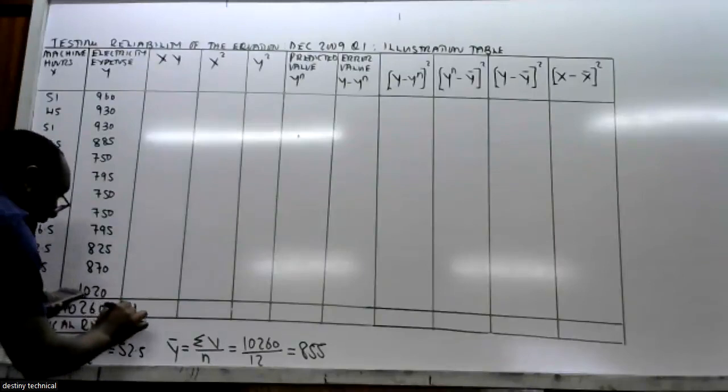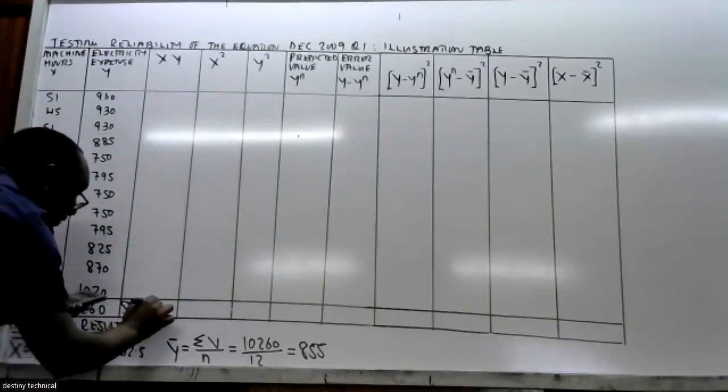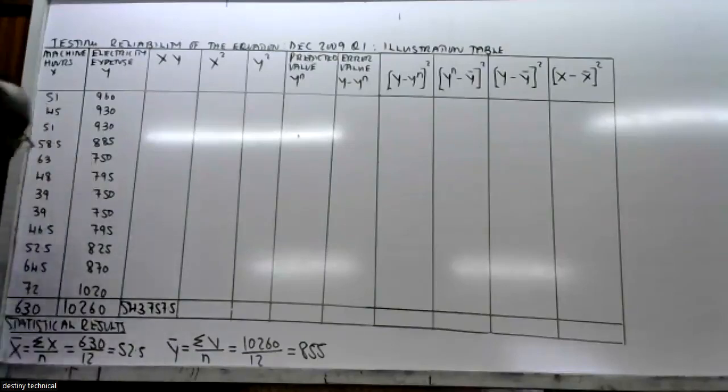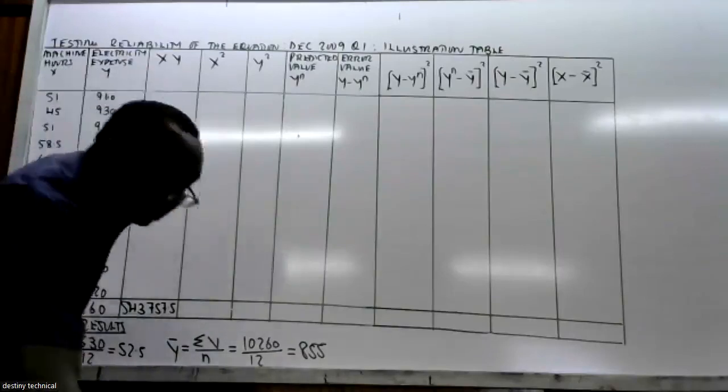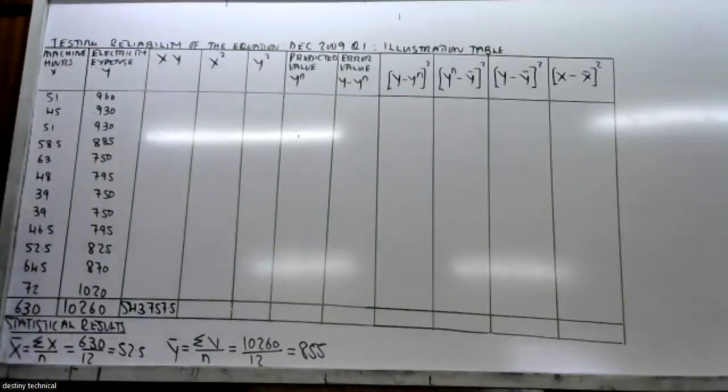Check whether you get 543,757.5. Yes. Okay, good.